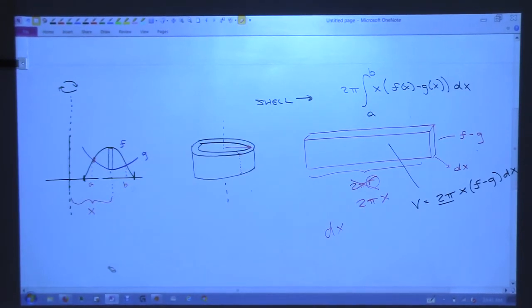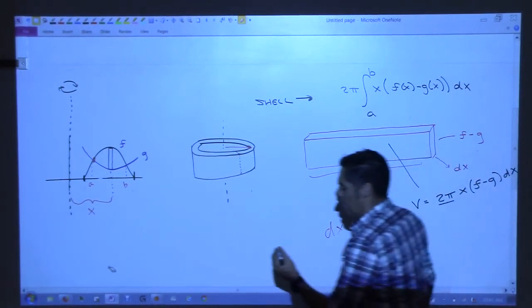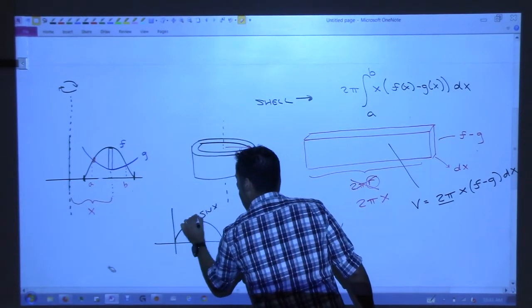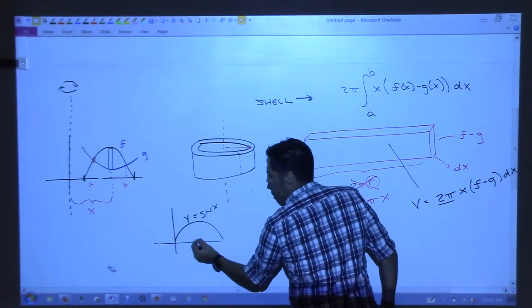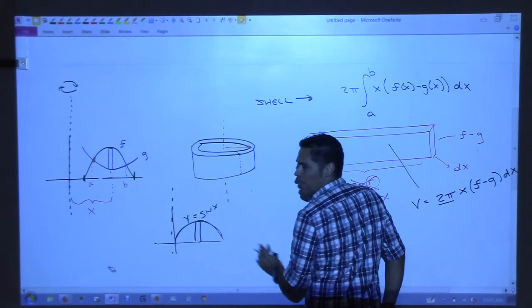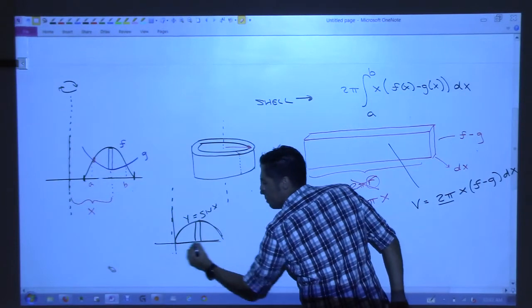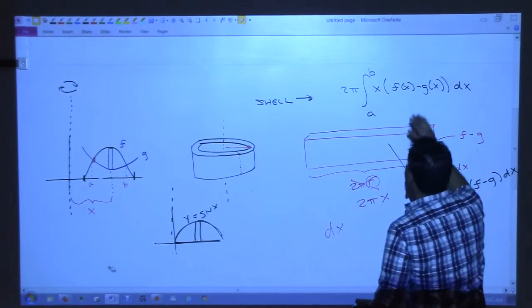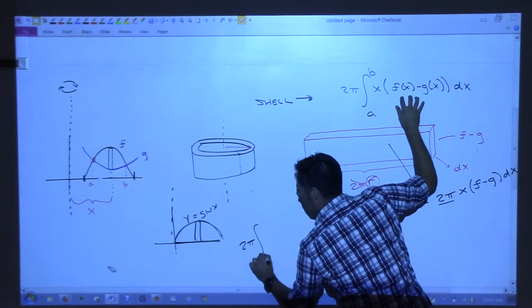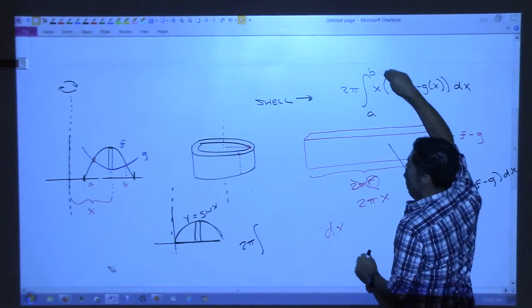I know I'm out of time. But the problem that I gave you to think about for 3 minutes: y is sine x. Our rectangle's like this. Our axis of rotation's here. Our top function is sine, right? Our bottom function is 0. So if I go to this formula, it's going to be 2 pi integral from where to where? 0 to pi.